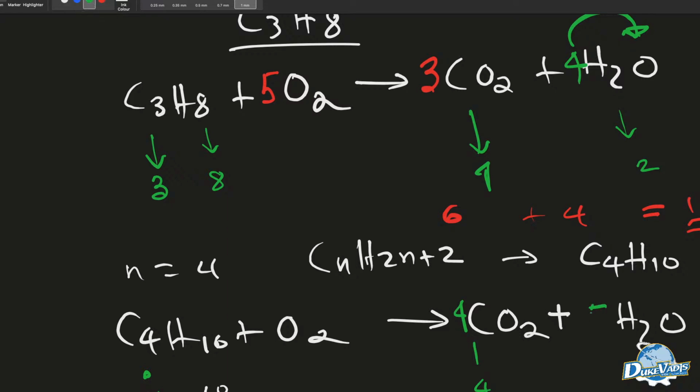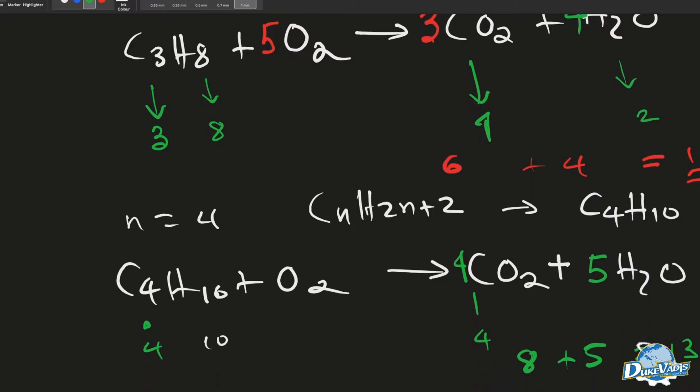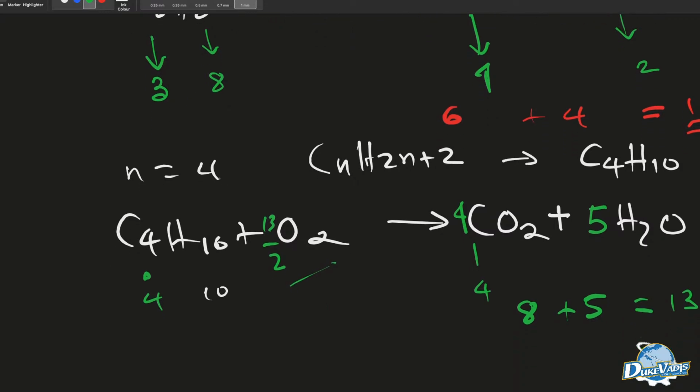We put 5, and completely our hydrogen has become 10. Oxygen, because we put 4 in front of the carbon, this one becomes 8 plus 5, which is 13. If that is the case, we should have the same on the left. So we have to put 13 over 2 in front of this oxygen so that this will cancel that. So the equation now will look this way.